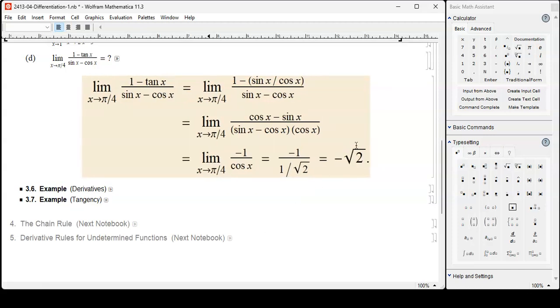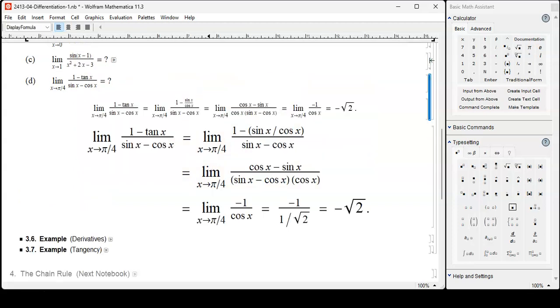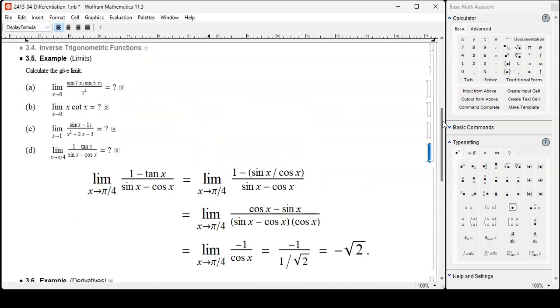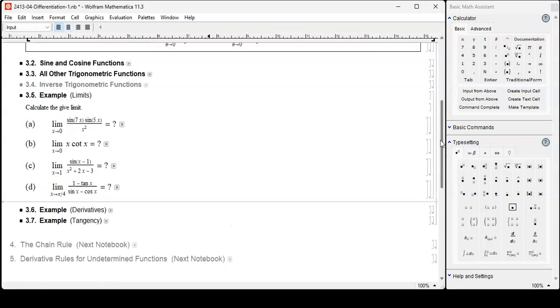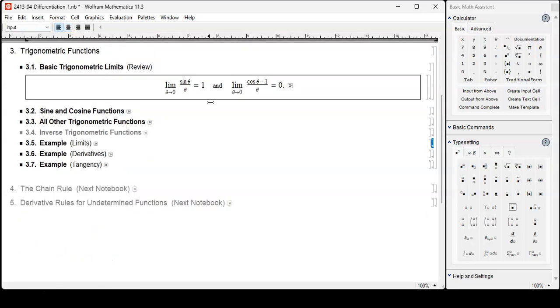Is that right? Yeah, negative square root of 2 is correct. Okay, that was a bit tough, but otherwise almost a straightforward application of the first trig rule. This one here.